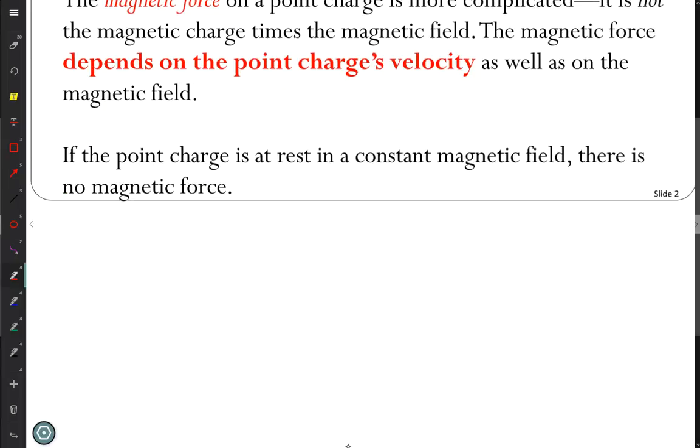And those two had the relationship that the gravitational field was equal to the gravitational force divided by the gravitational charge, which was mass. The electric field was equal to the electric force divided by the electric charge, which we call charge.